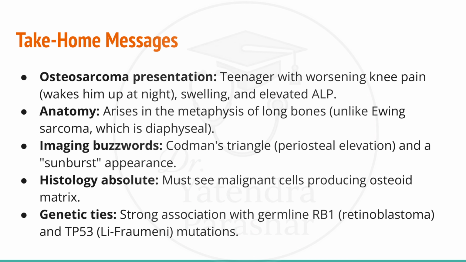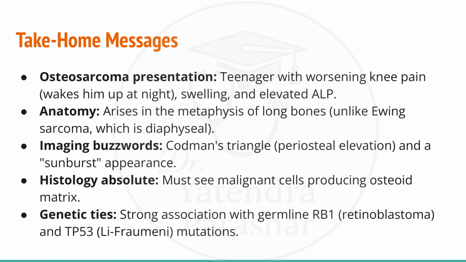So what are the take home messages? Osteosarcoma presents in a teenager with worsening knee pain and swelling with elevated alkaline phosphatase, and it arises at the metaphysis of the long bone, unlike Ewing sarcoma which arises at the diaphysis. Codman's triangle and sunburst appearance are the two commonly seen periosteal reactions.